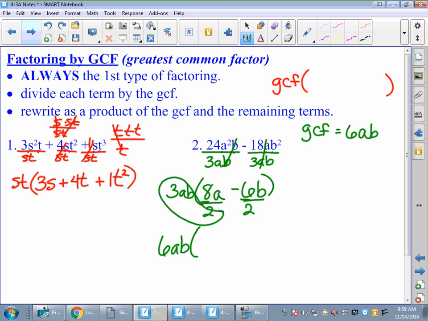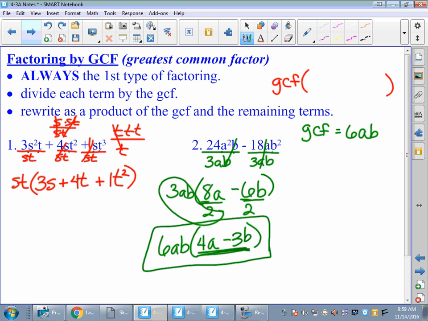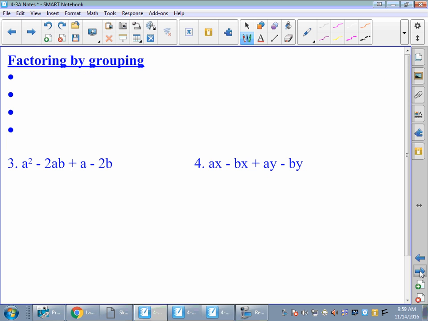When I divide 8A by 2, I'm left with 4A, and a negative 6B divided by 2 leaves you with a negative 3B. So this right here is my factored form of that first number. When I look at it, I always check inside to make sure there's nothing else in common between these two. So that's factoring by greatest common factor, GCF.